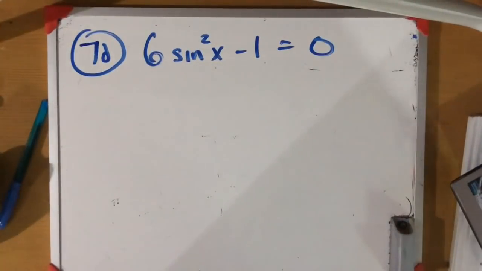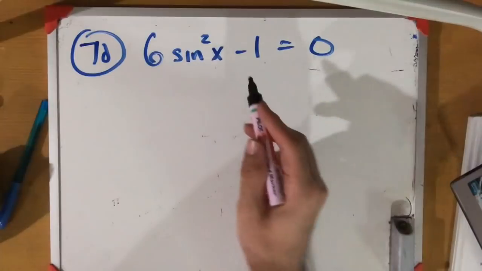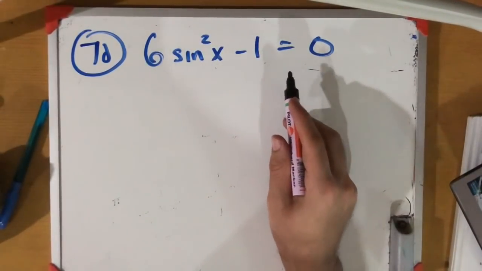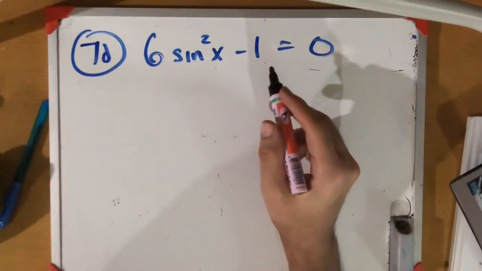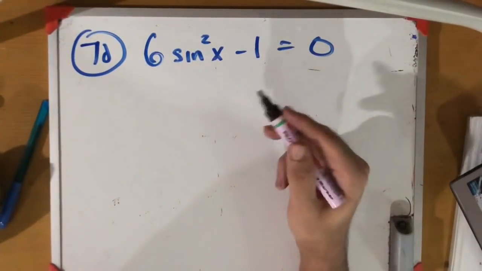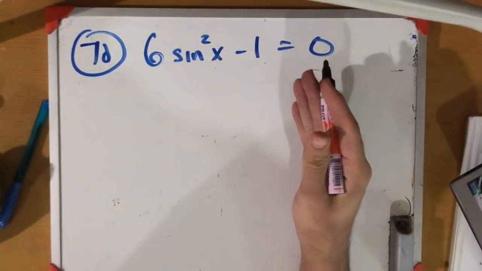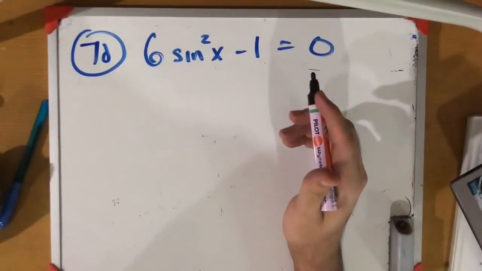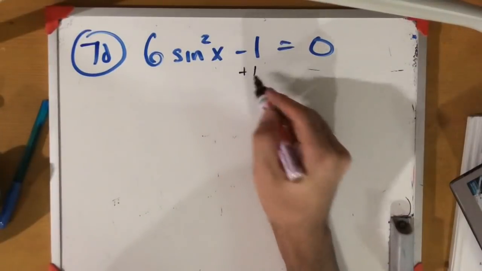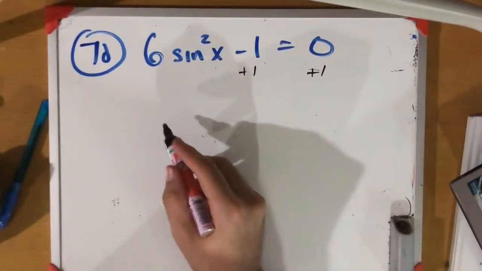All right, so 7D we have 6 sine squared x minus 1 is equal to 0. Again, we're trying to find all the values between 0 and 2 pi in radians. Naturally, you could use identities in any of these problems. I don't think we'll happen to use them in this scenario.